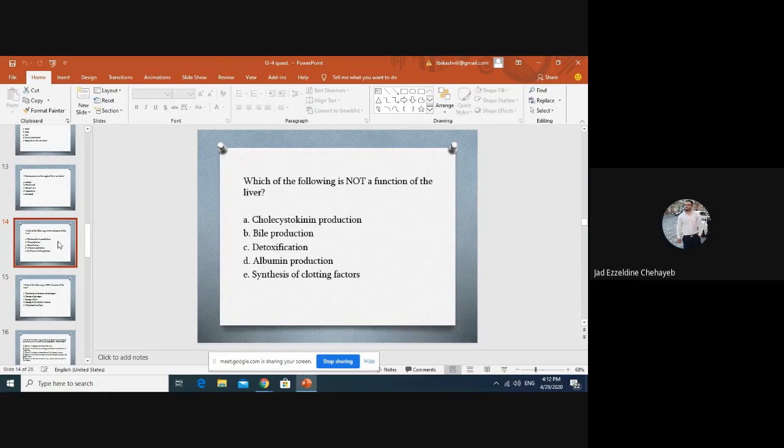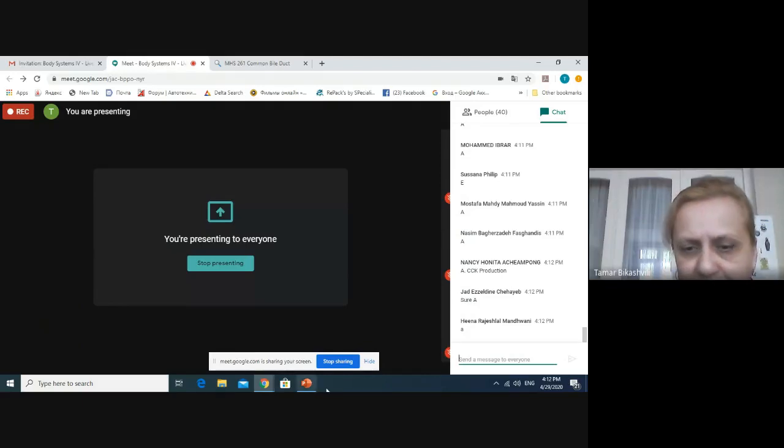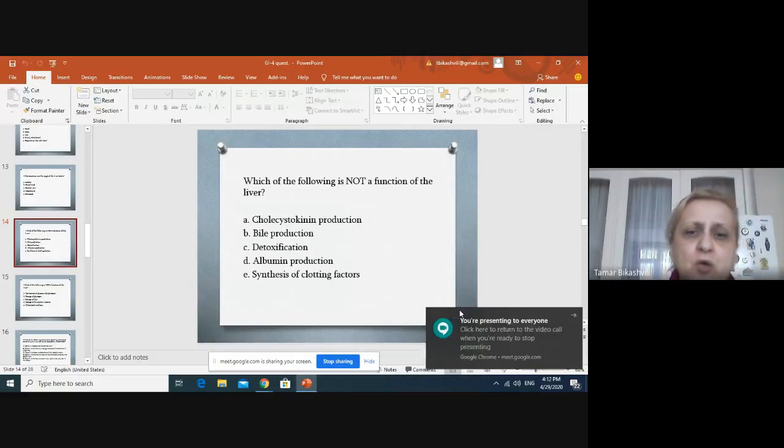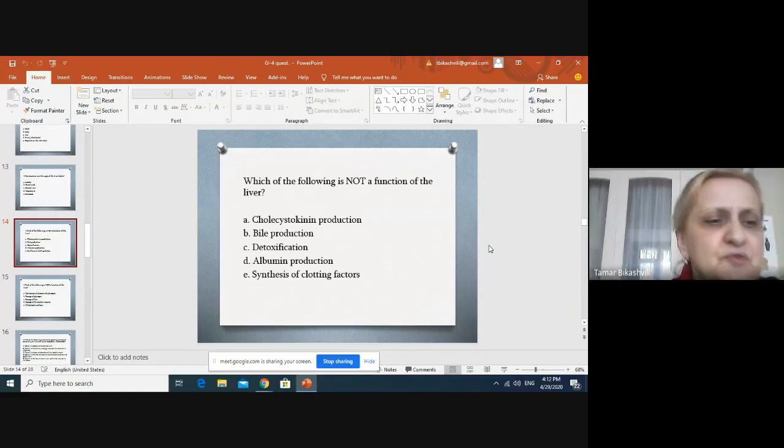A. Yes. Cholecystokinin production is not a function of the liver, it's a function of the small intestine, of the duodenum.